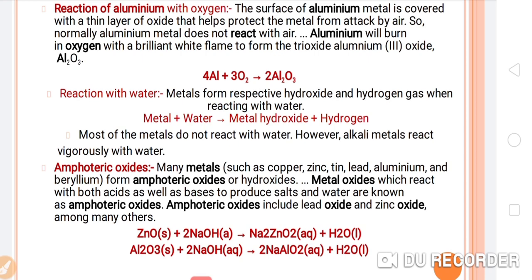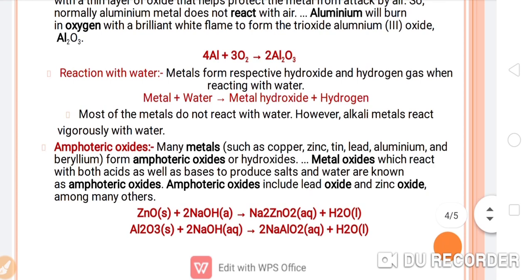Many metals such as copper, zinc, tin, lead, aluminium and beryllium form amphoteric oxides or hydroxides. And what are amphoteric oxides? Those metallic oxides which can react with acids as well as bases. So they have a dual nature.